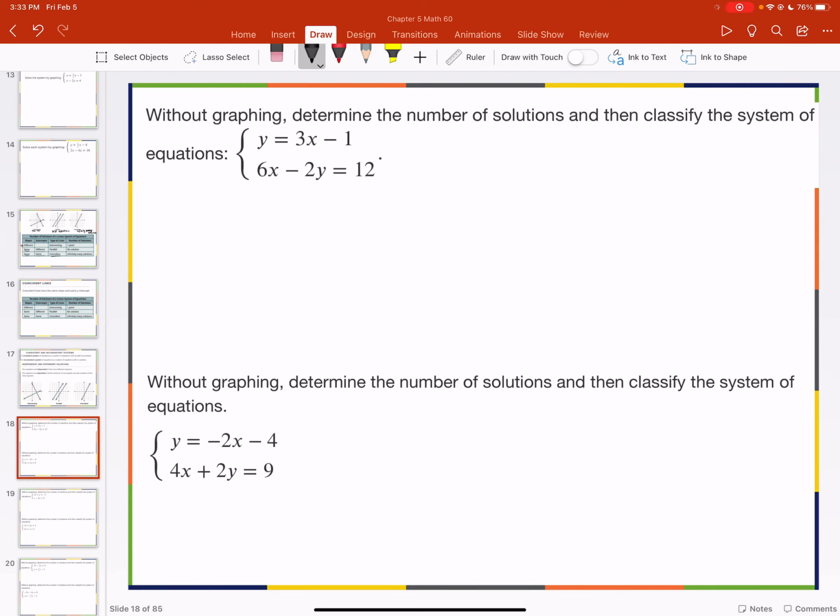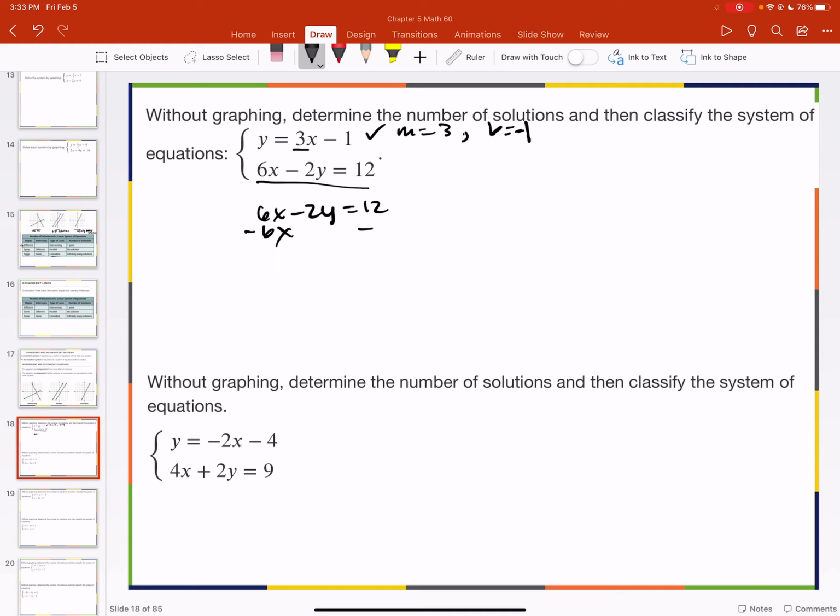All right, so without graphing, can we determine the number of solutions and then classify the system of equations? Sure, so we get to use that little table thing again. For this one I can already see the slope. m is 3. The y-intercept is -1. For this one, let's solve for y. We have 6x minus 2y is equal to 12.